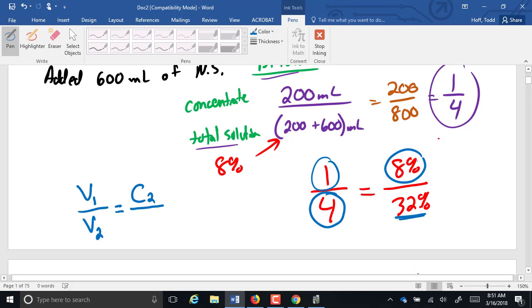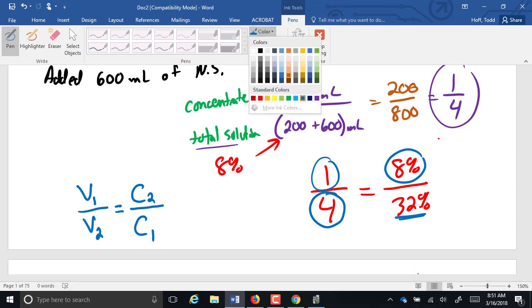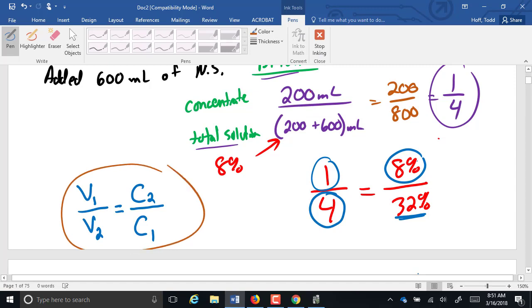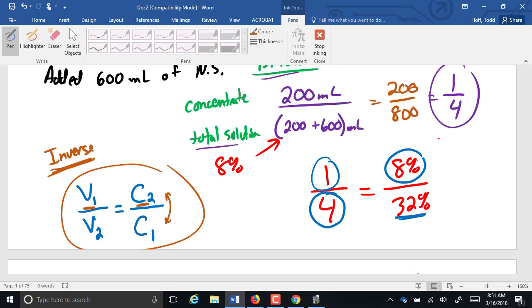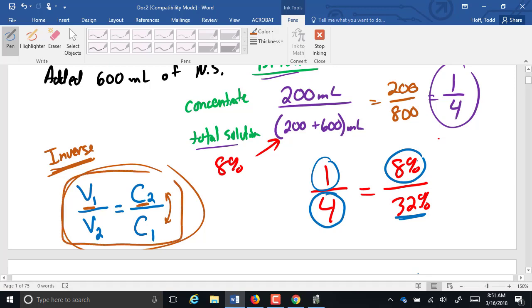And the 32% is the concentration before we diluted it, concentration 1. So you'll notice these don't necessarily match up. We're used to having in these proportions, whatever goes here has to be related to what goes here. Well, here that second one is flipped over. The reason for this is what's called an inverse relationship. We'll talk about that more in Unit 4 in the algebra portion. For right now, we just have to use this formula. And it does make sense. We know that the concentration has to be lower after we dilute it, so we match that up with a smaller number in our dilution.